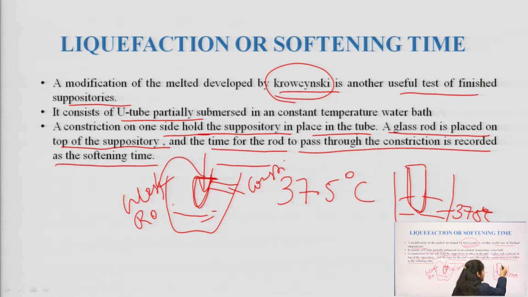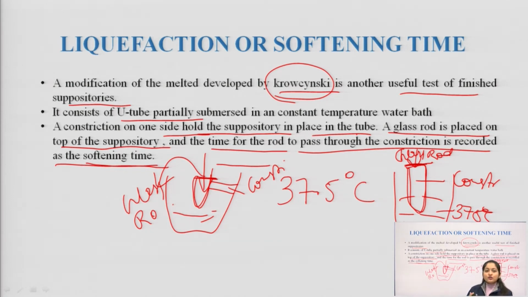This suppository is held at a proper place by a constriction, and at this point we have attached a glass rod, which is going to penetrate into the suppository being evaluated. Now, slowly we will apply pressure and allow this glass rod to pass through the suppository. The total time taken by the glass rod to penetrate the suppository is noted, and that time is nothing but your softening time.